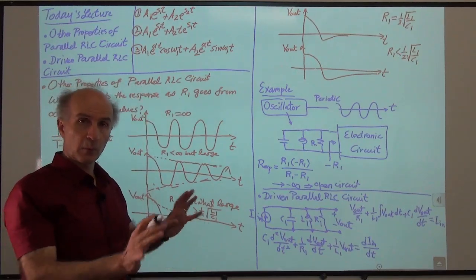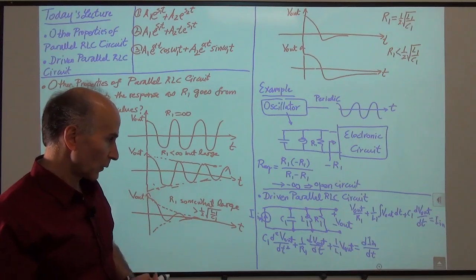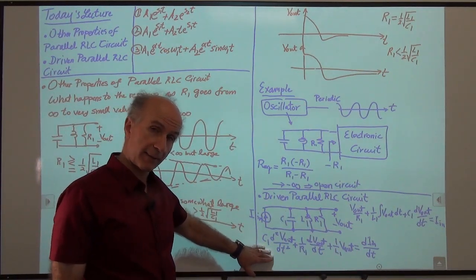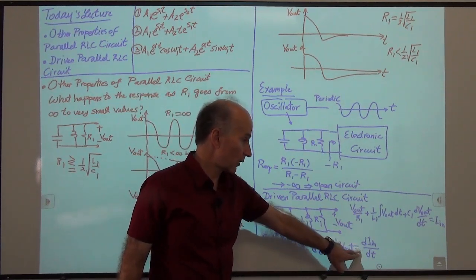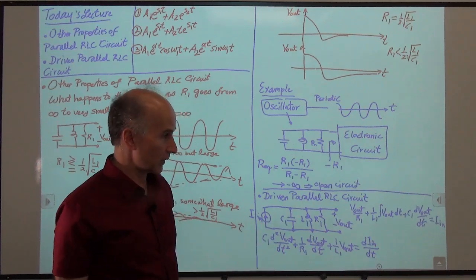All right, we took the derivative of both sides with respect to time, and that's what we obtained. So we can see that this side is the same as what we had before, right? Not surprisingly. The only thing is that this side is no longer 0; it is equal to the derivative of the input current with respect to time.